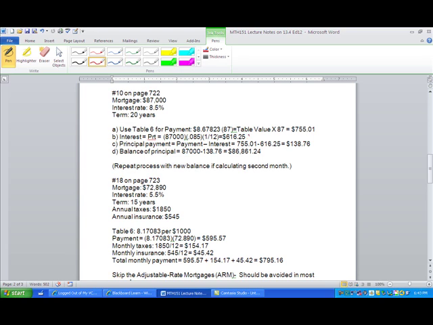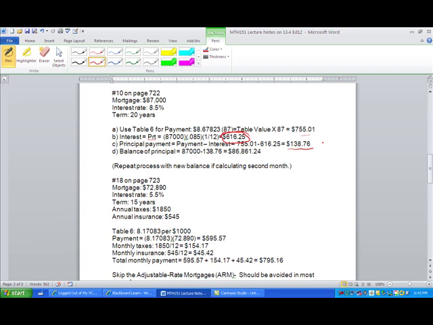So now we want to know how much of the payment goes to the principal. Well, notice this is a pretty big figure here. $616.25 goes to interest. So we have to take our payment, $755.01, minus the $616.25 that's going to interest. Only $138.76 of the first payment is going to the principal.